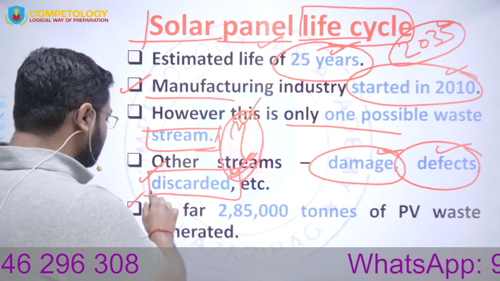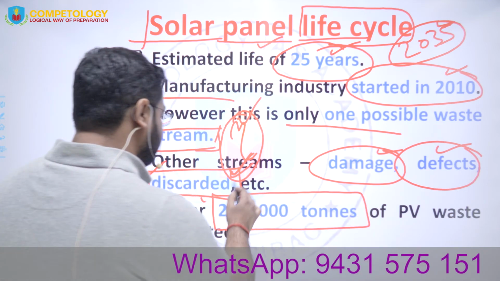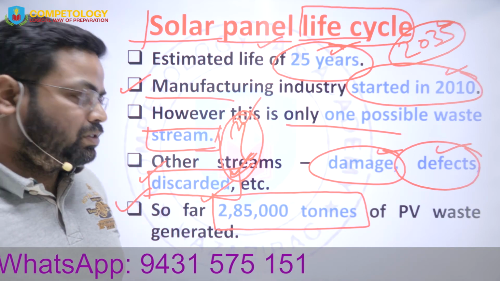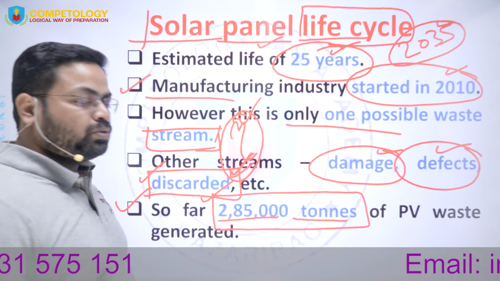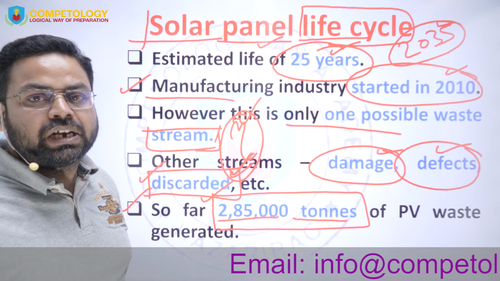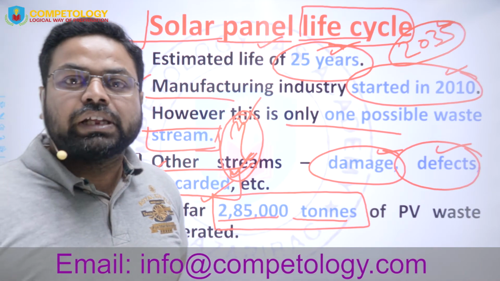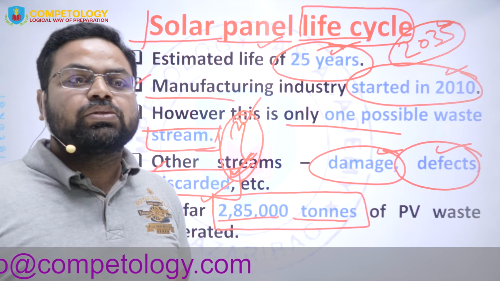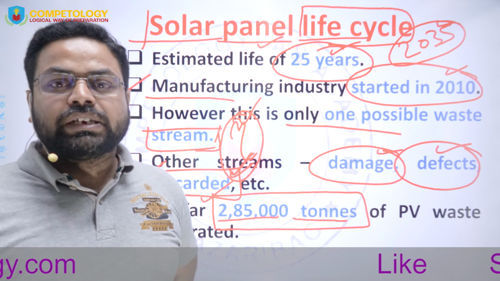So here, according to some NGOs, the PV waste generated in India is of the tune of 285,000 tons till date, and this amount is going to increase in India drastically because the PV equipments are being used in India increasingly day by day.